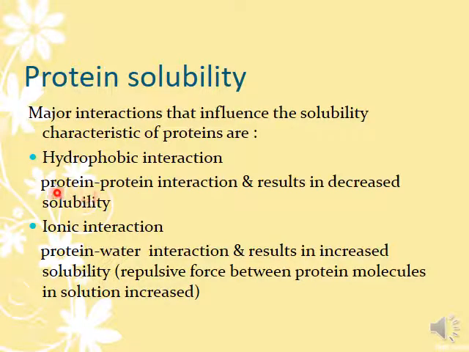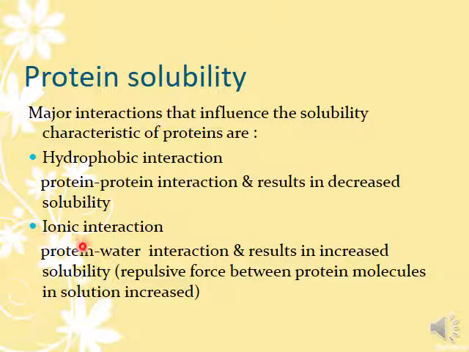When one native state protein interacts with another protein, this will result in decreased solubility when it becomes denatured, because the inner core is hydrophobic, so it tends to agglomerate. When it agglomerates, therefore solubility decreases.